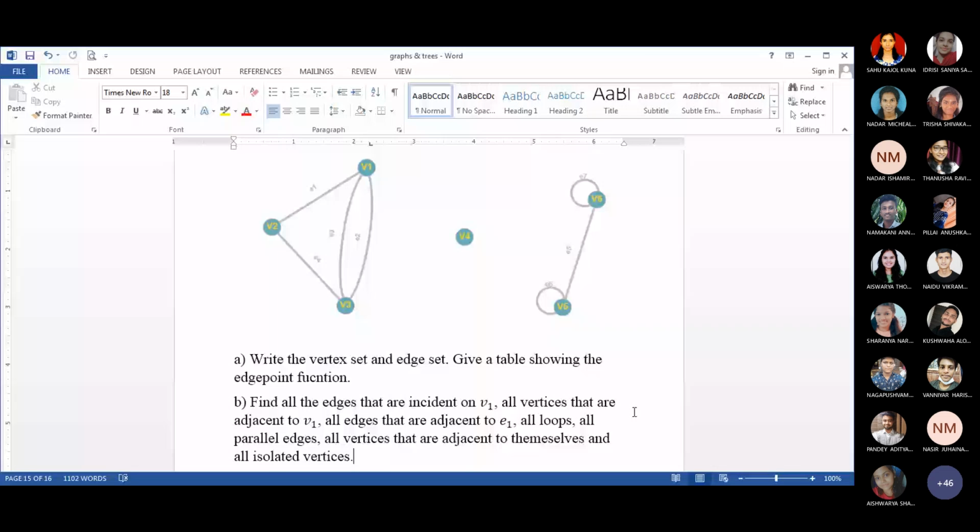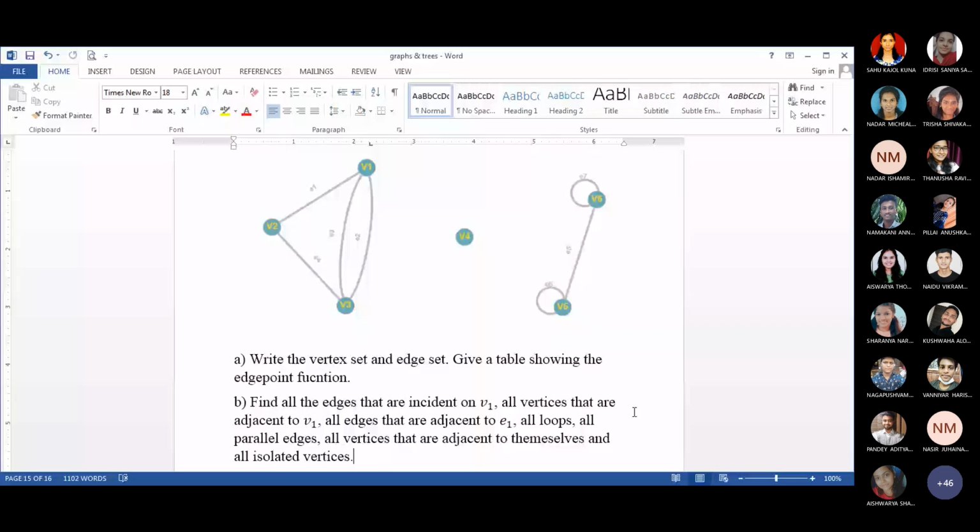E7 is a loop, so E7 contributes a degree of 2 and E5 contributes 1, so its degree becomes 3.